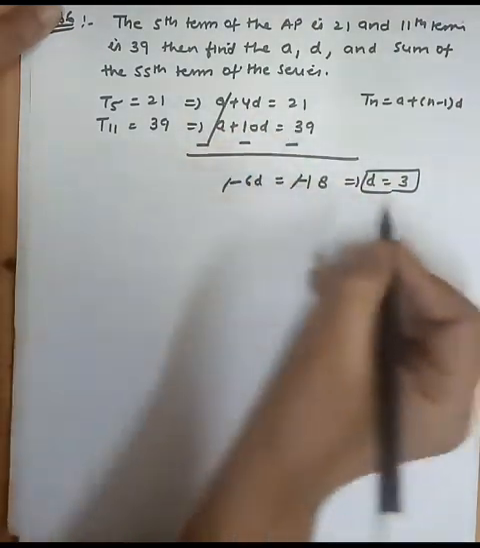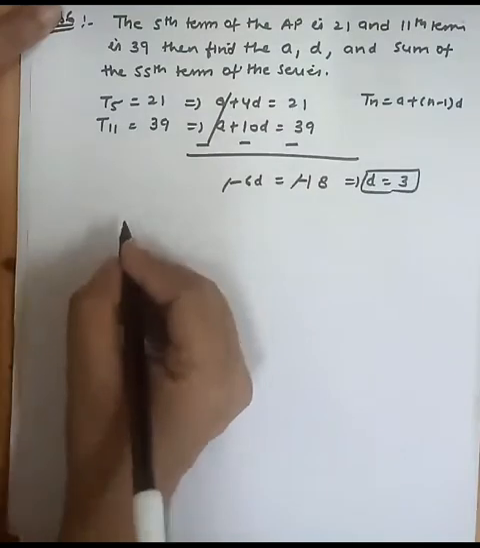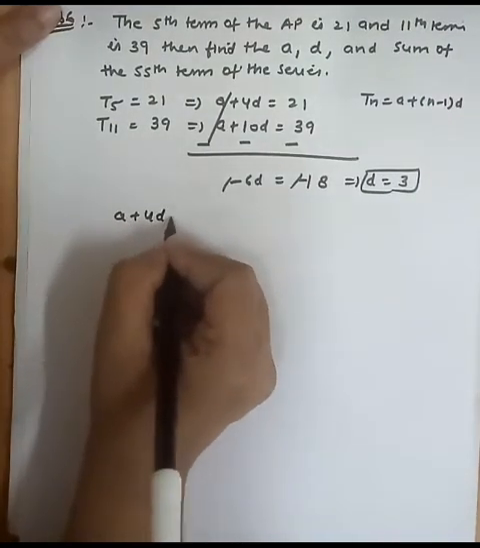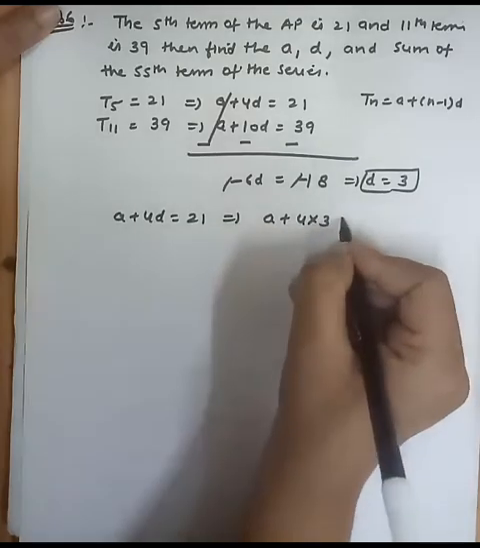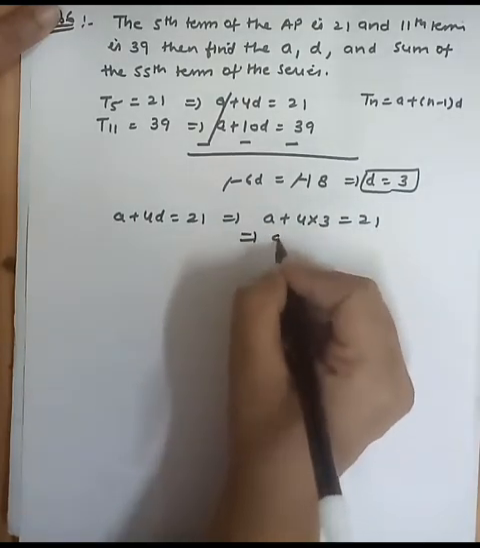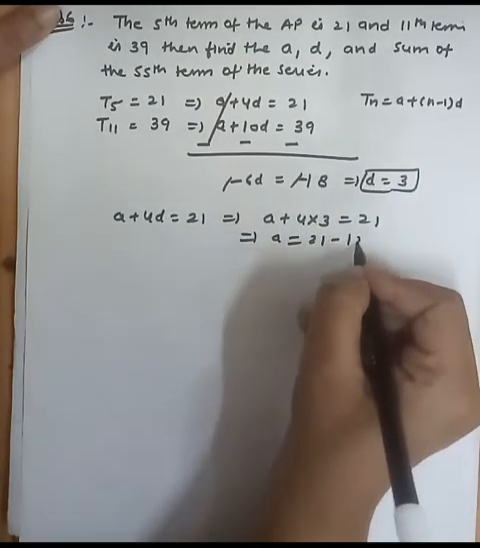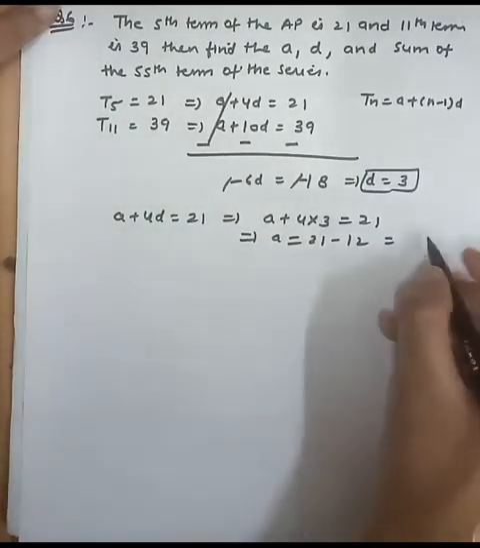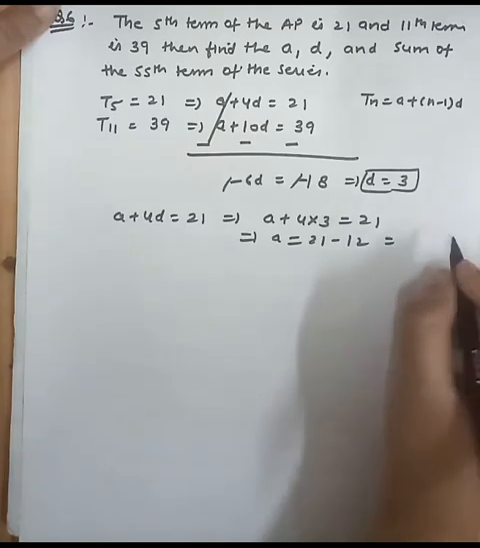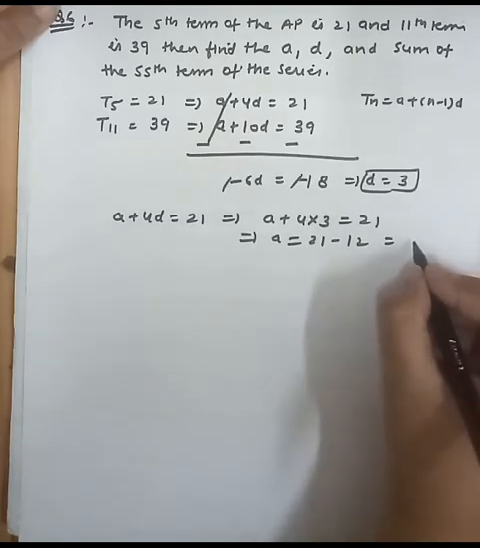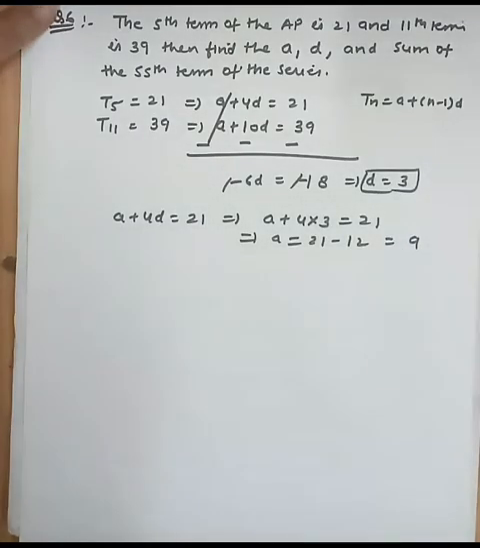Suppose I put it in the first equation, A plus 4d equals 21. So we get A plus 4 into 3 equal to 21, means A equal to 21 minus 12, it means 9. So here we get A equal to 9, and d equal to 3.